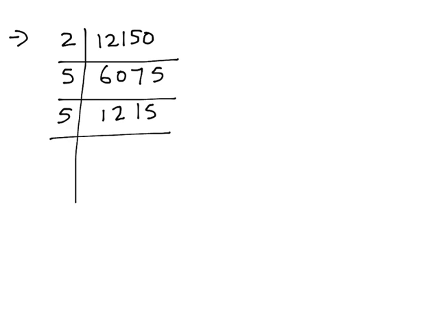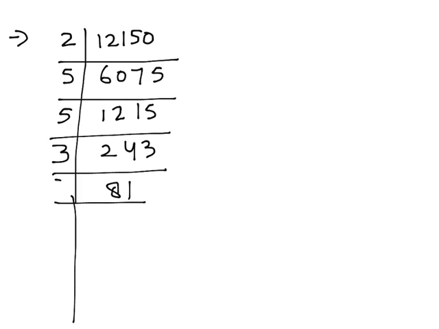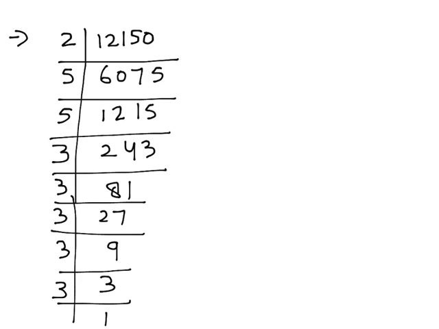When we divide it by 5, we will get 243. This number is divisible by 3, so we get 81. Next we get 27. Next we get 9. Then we get 3, and here we get 3.